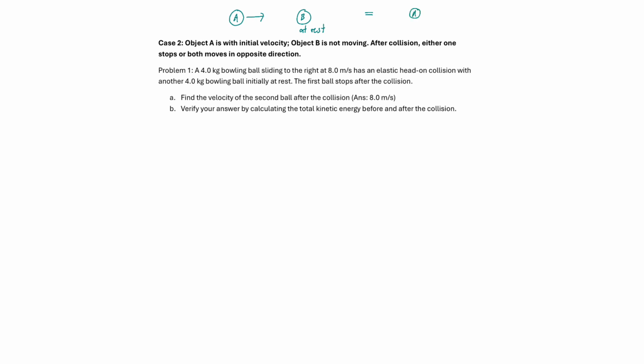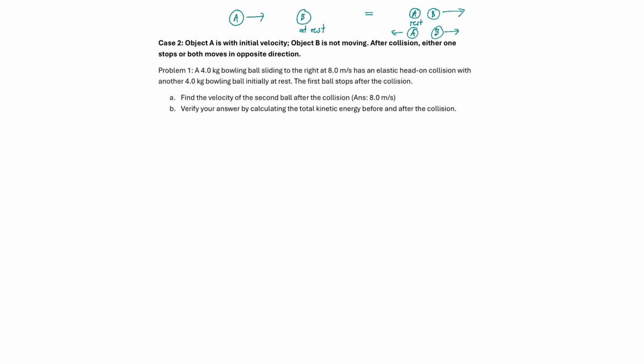So we could have A stop and then B will move, or A will move in the opposite direction as well as B. So that would be our case number 2.